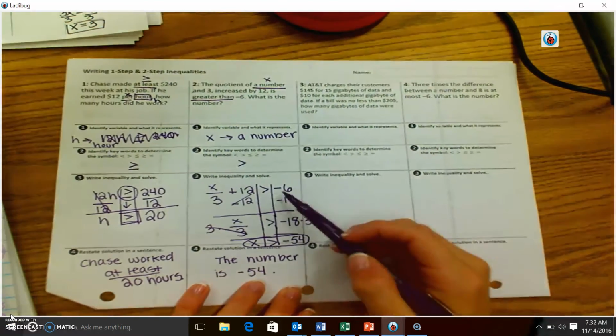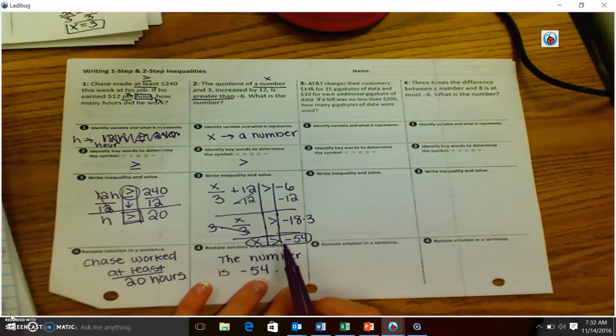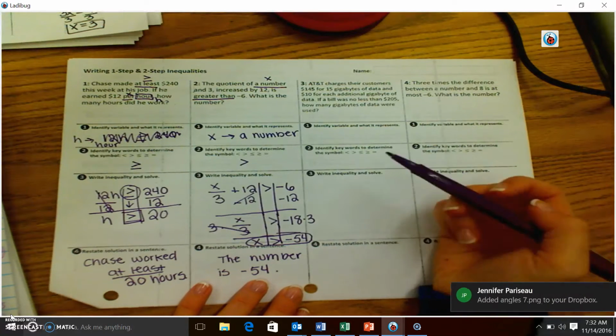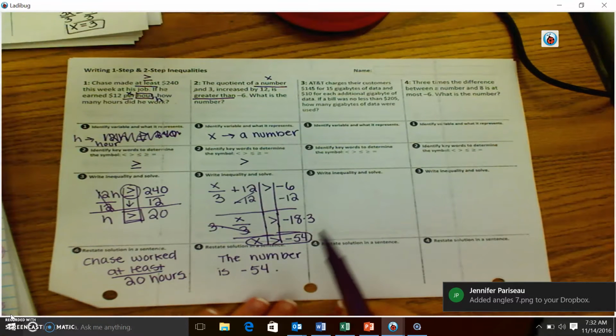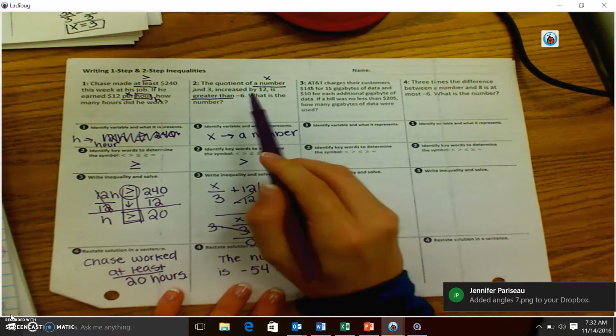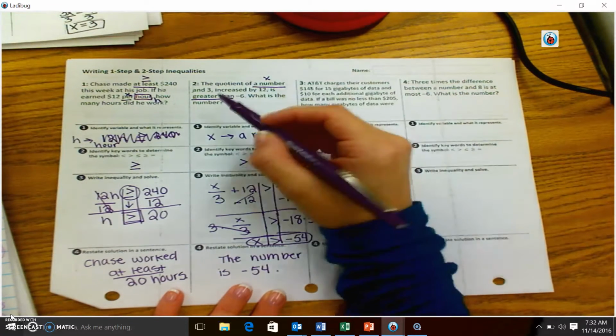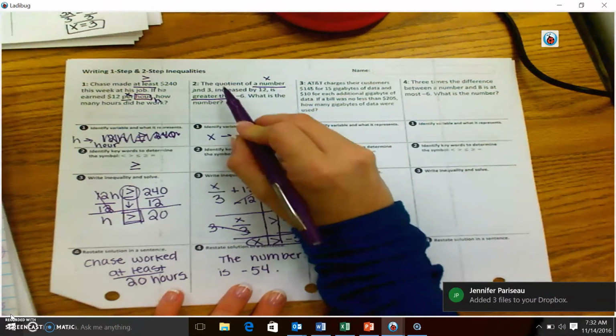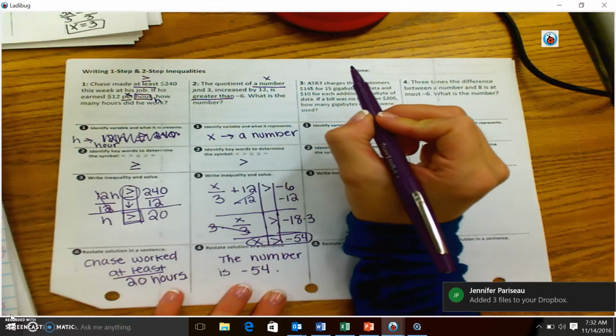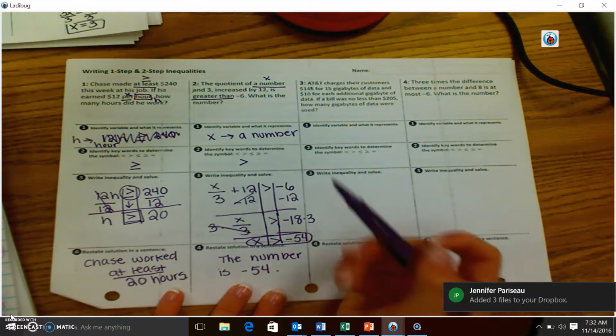And we are back. Did you get that x is greater than negative 54? Let's talk about how we got that. So, we set up as the quotient of a number, which we said was represented by x, n3. So how do we show the quotient of x and 3?